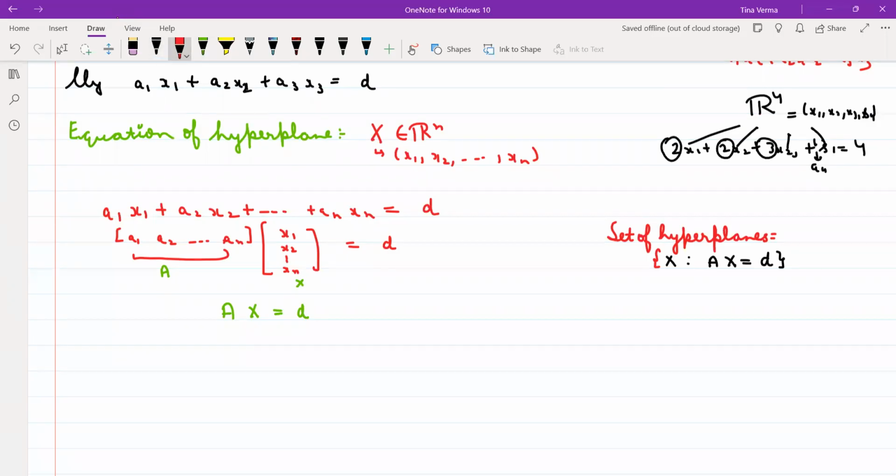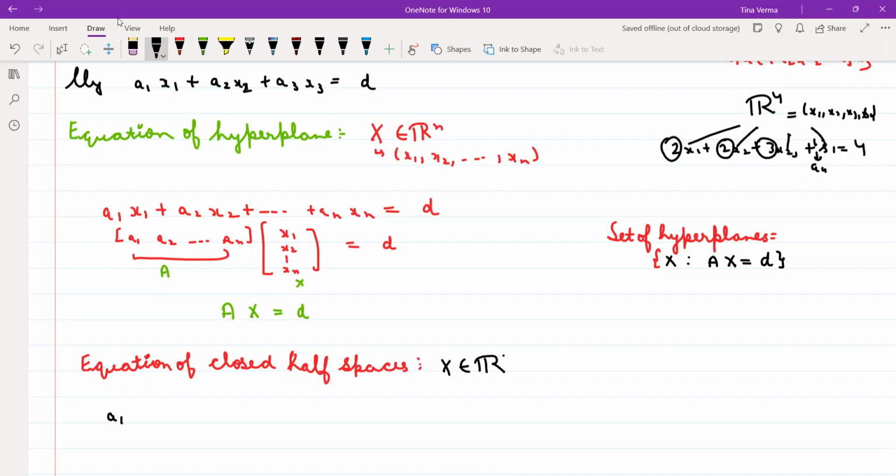Next, the equation of closed half spaces. The equation of closed half spaces means you are taking x belonging to Rn.